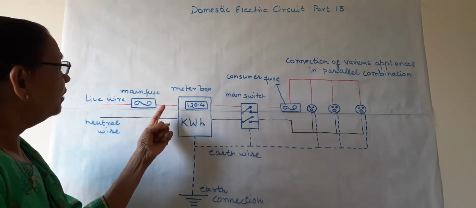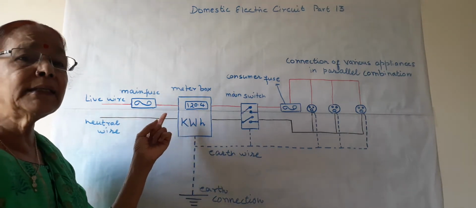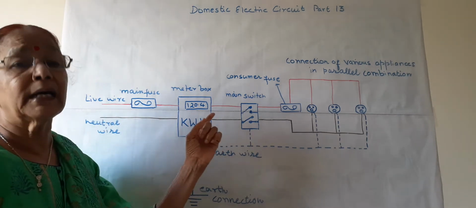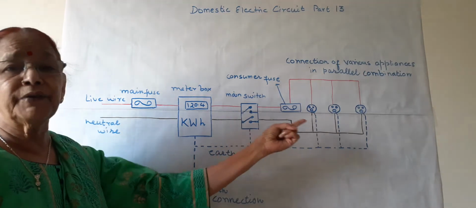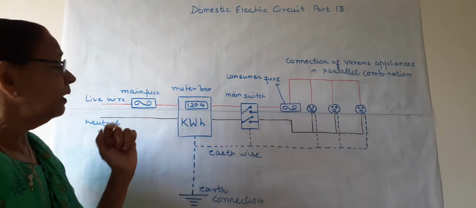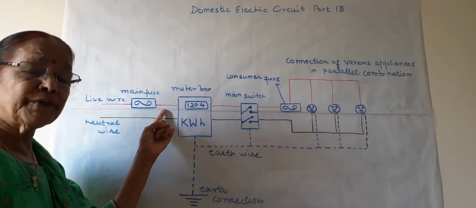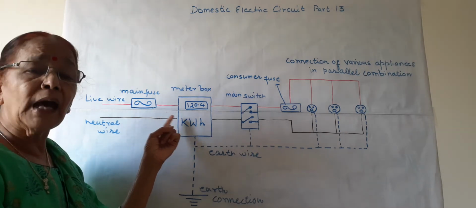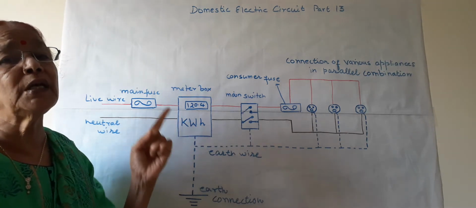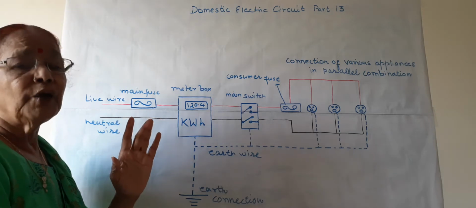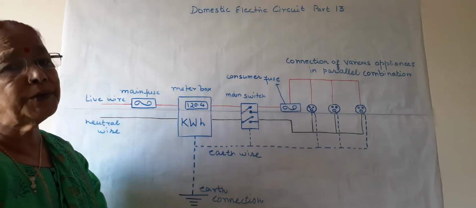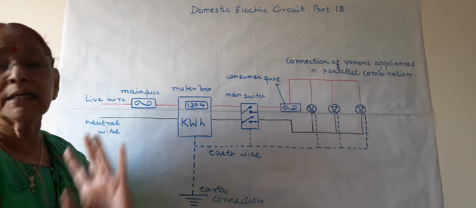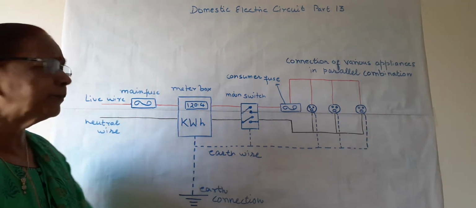Now this live wire, as the name indicates, has the current, and this current goes to the different components of the house. The potential difference of this red live wire is 220 volt. In India, we have a potential difference of 220 volt in our domestic electric circuits.